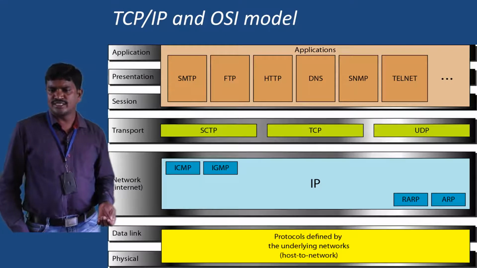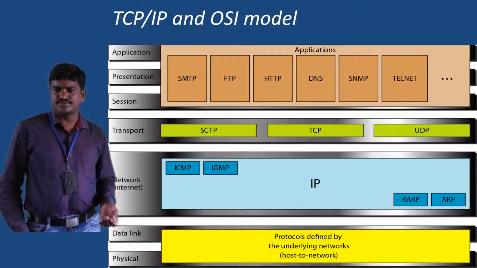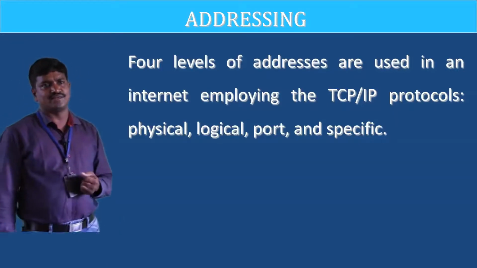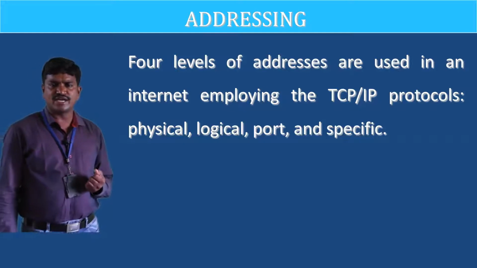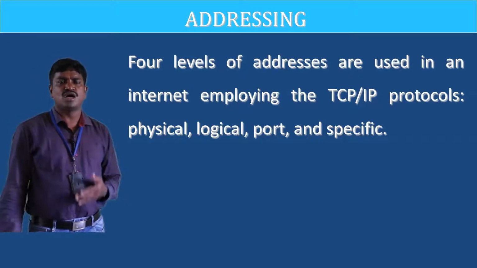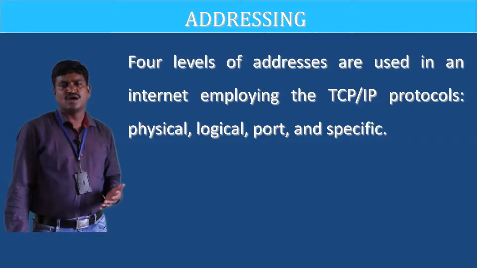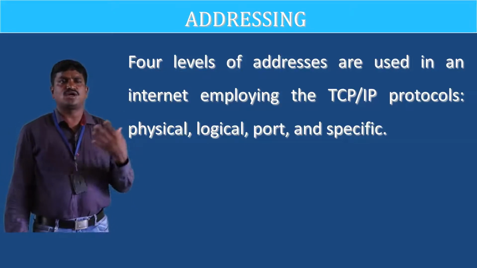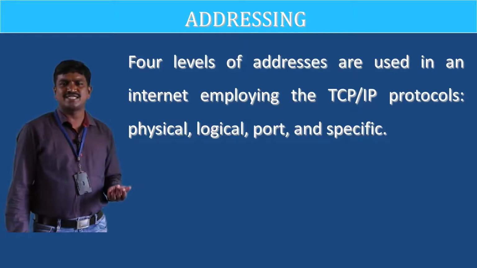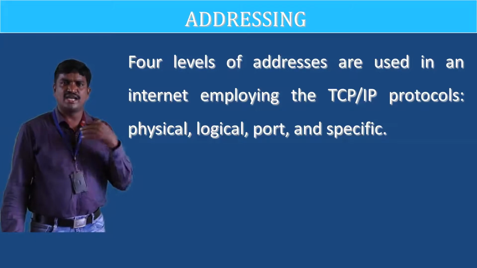Okay. In the next slide, we will talk about how addressing is done. There are different kinds of addressing when you want to refer to an application, or when you want to refer to a system. Generally, as a user, we are always talking with the applications. So we never know IP addresses or MAC addresses in our data communication.